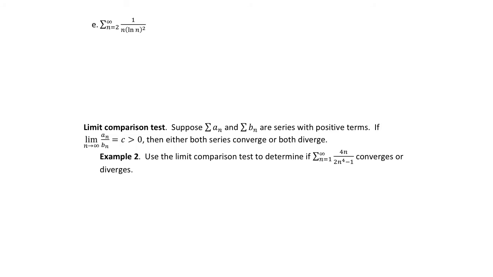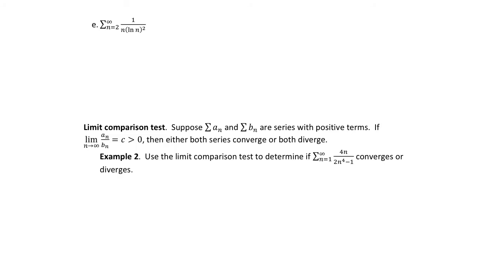Okay, one more example here. I noticed that these terms definitely go to 0. The numerator is 1, the denominator is just n times something else, the natural log of n squared. And so how do I compare this to anything? I have no idea how I compare this to anything. Okay?